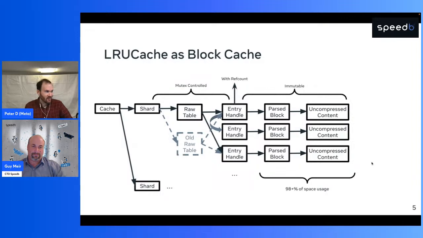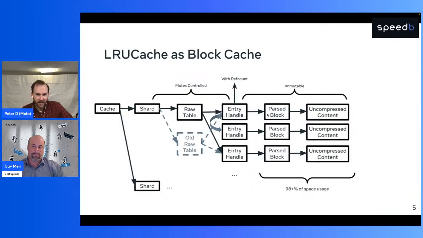We also have to talk about the fact that this is a very highly concurrent object. Like in the setup I talked about, each DB get is going to be doing multiple lookups on this hash table, and so it needs to handle concurrency.